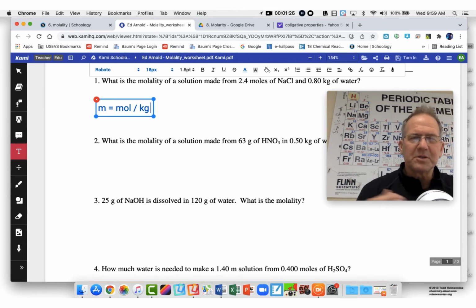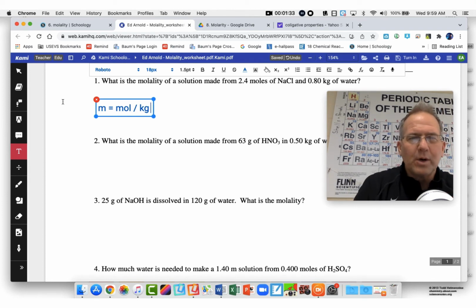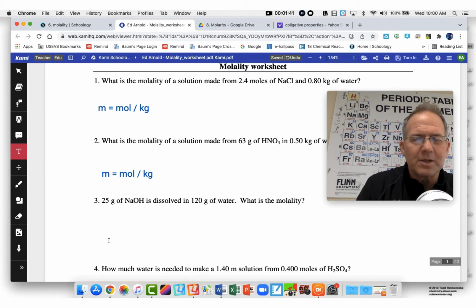So I'm just going to write it this way. Little m equals moles over kilograms. Now, if you want to copy and paste that into each of these, go right ahead. This would be the time to do it. You can pause this, or you can just watch me do this too.